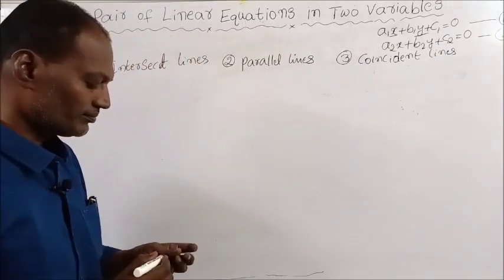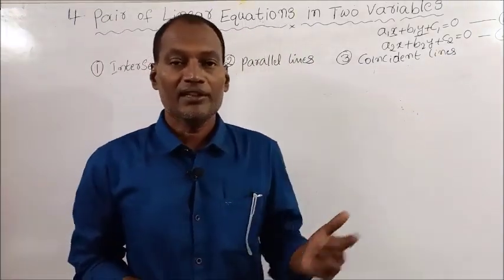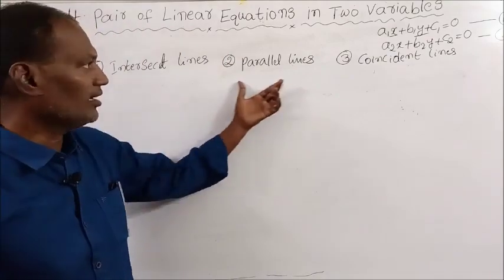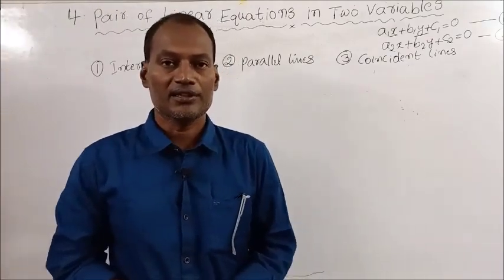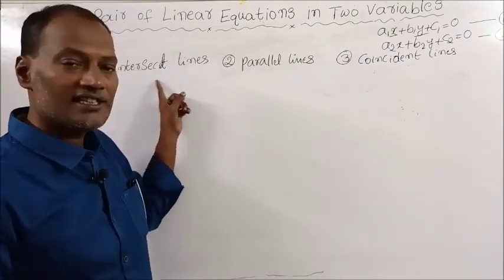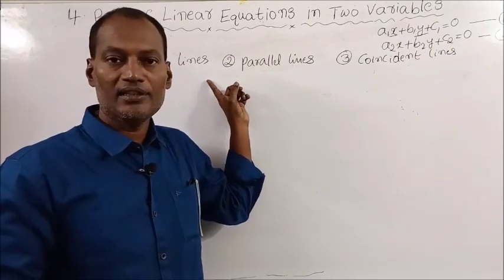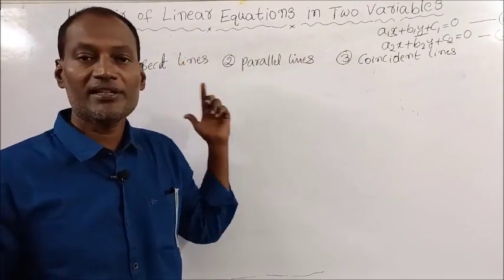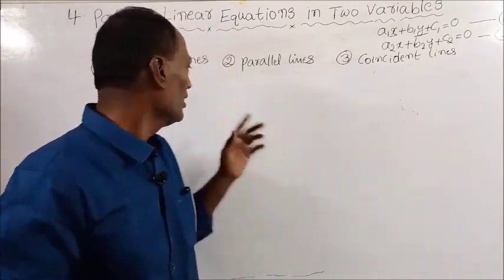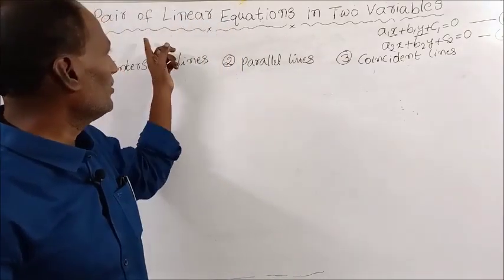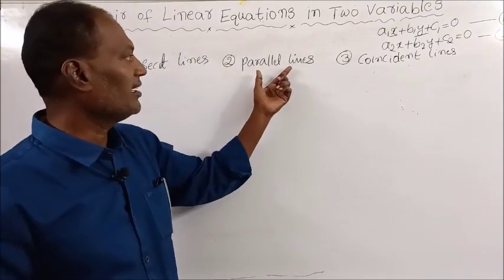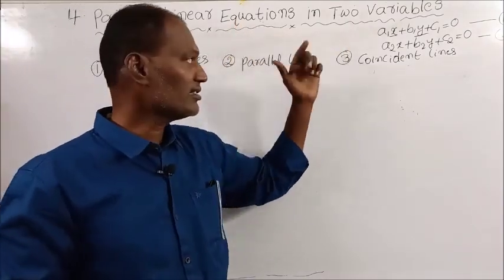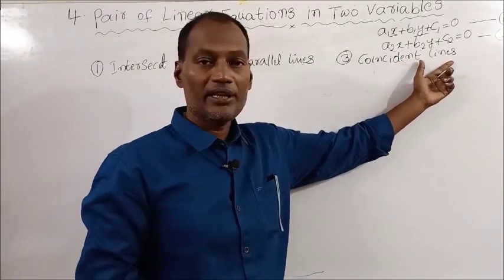You remember, mainly these three are the most important things. One is intersecting pair of linear equations, parallel pair of linear equations, coincident pair of linear equations.